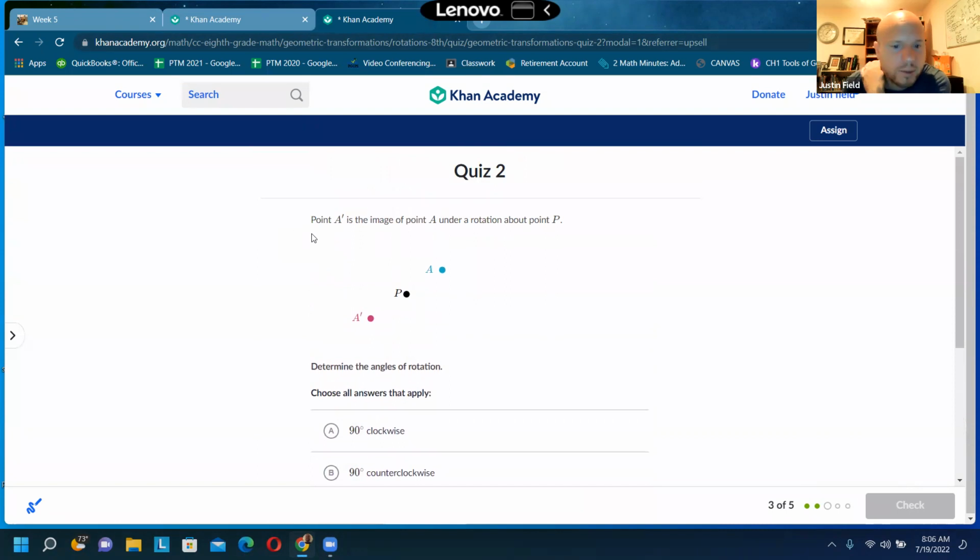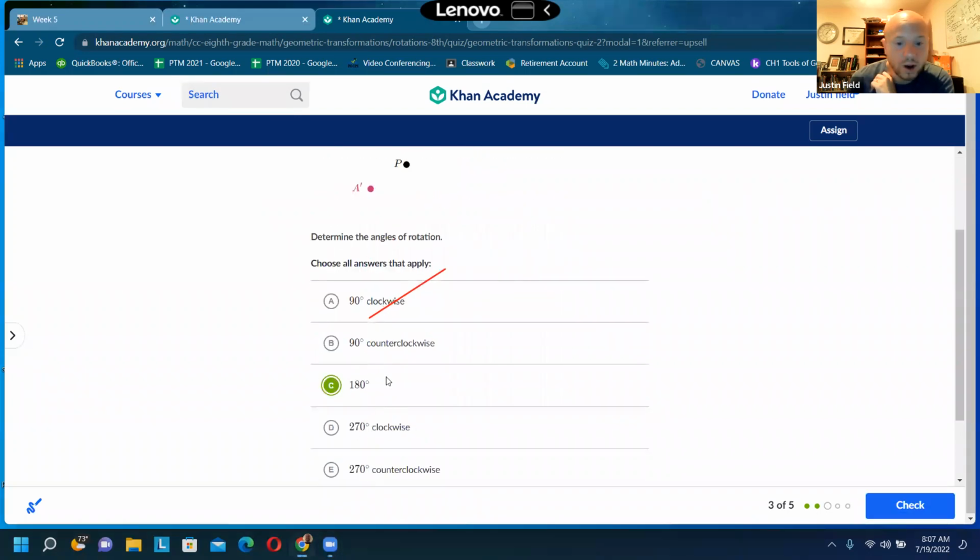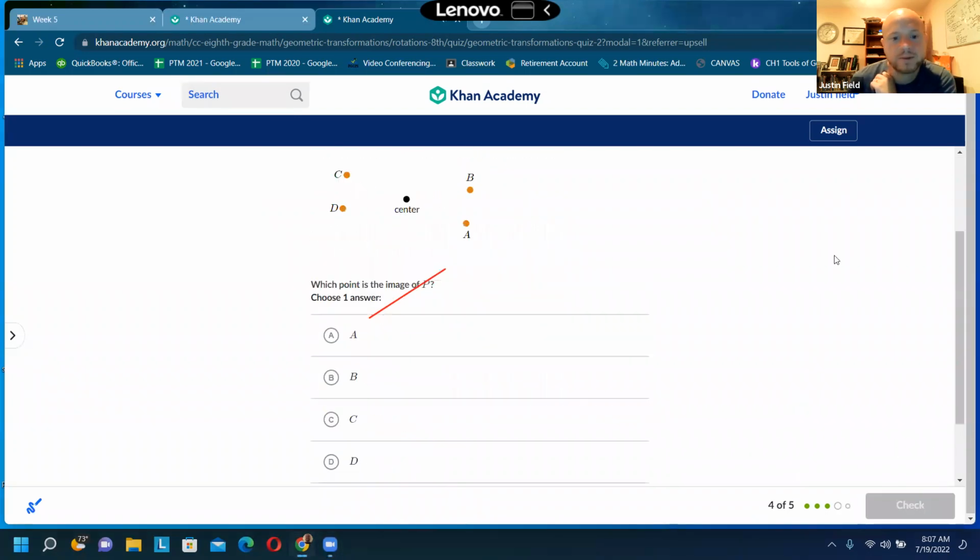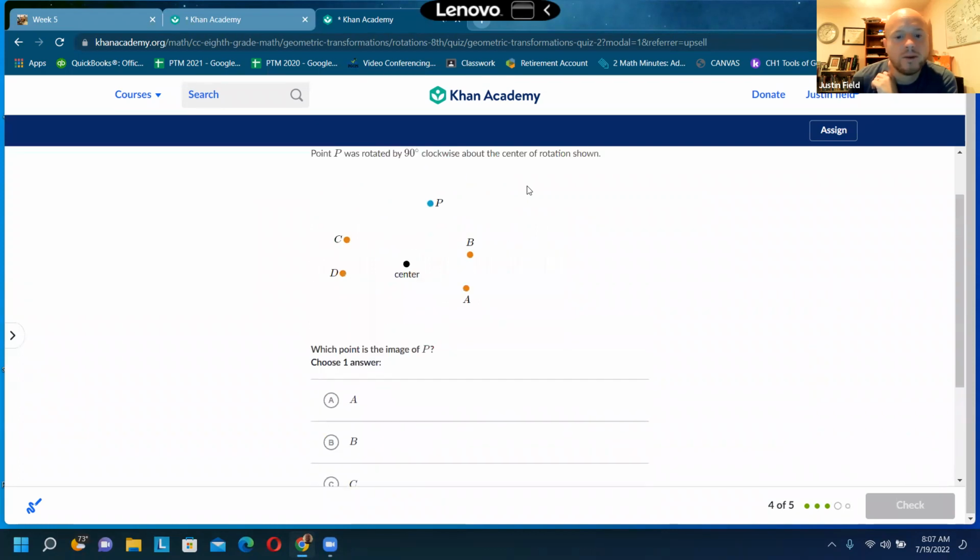Okay. The point A prime is the image of point A under a rotation about the point P. And so if we draw, look at that, it's in a straight line. And what is the measure of a straight line? 180. We know that.